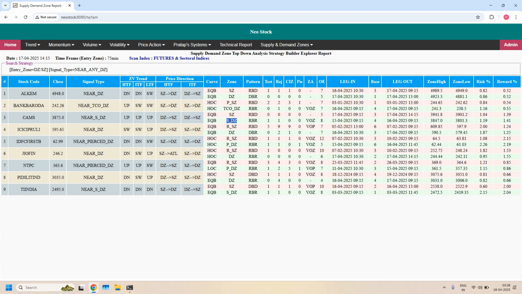CAMS is having a 75 minutes high liquidity demand zone. Next, TI India is also having 75 minutes high liquidity demand zone. So total we identified 2 stocks from this list.